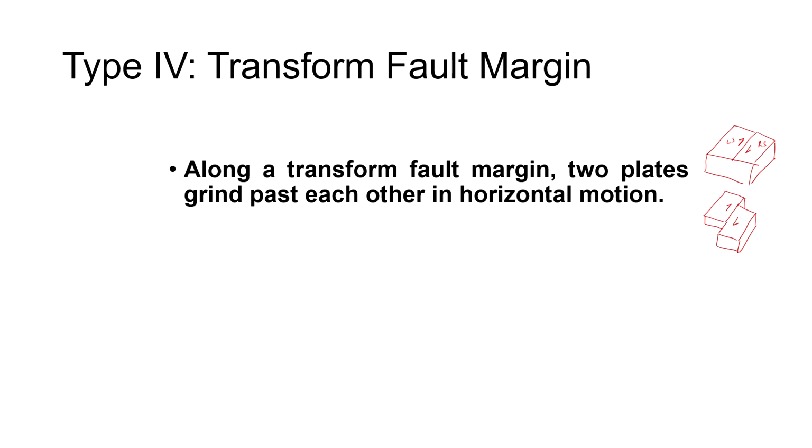Okay. And in the same way, if there is a left lateral movement, the left block or the left plate will move towards you and the right plate will move away from you. So, mostly we see a horizontal movement along with this, but in nature this is not always possible.